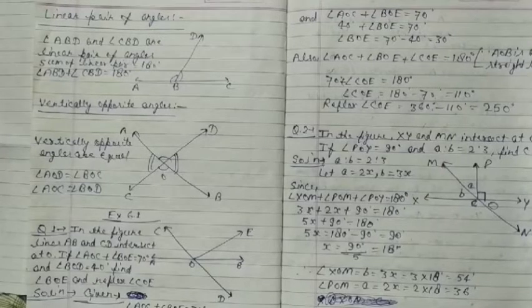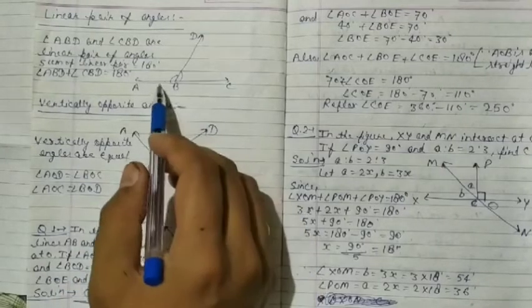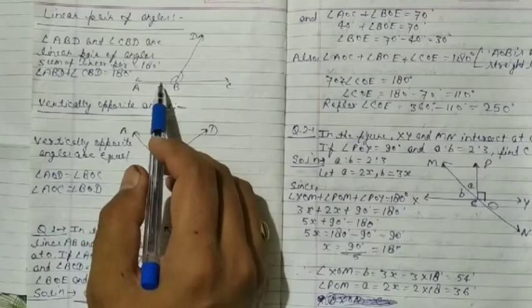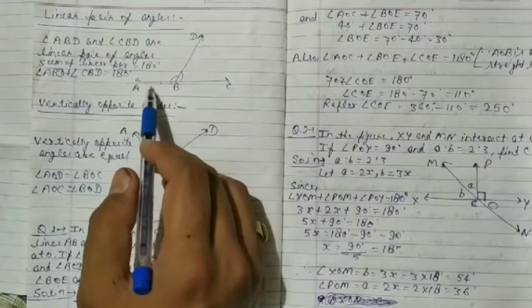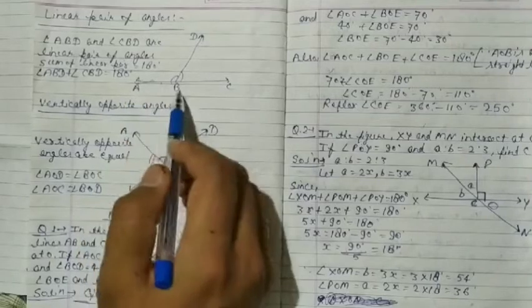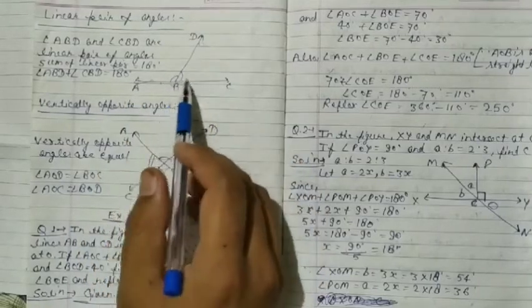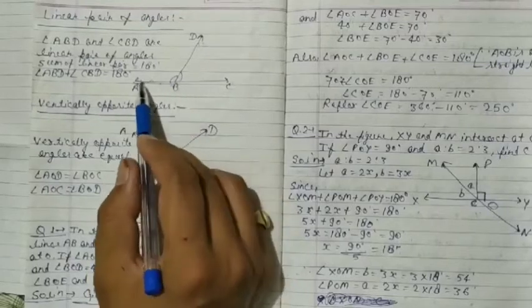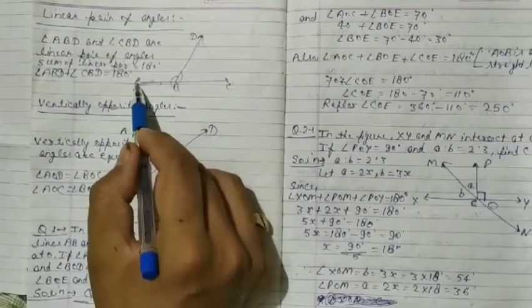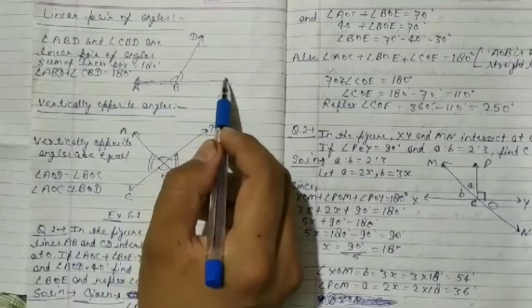Linear pair of angles. If we have a figure like this, angle ABD and angle CBD are known as a linear pair of angles because ABC is a straight line.